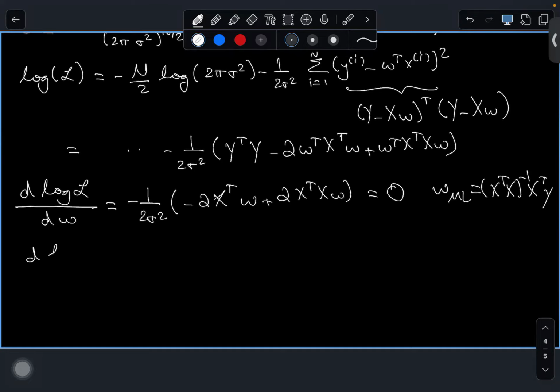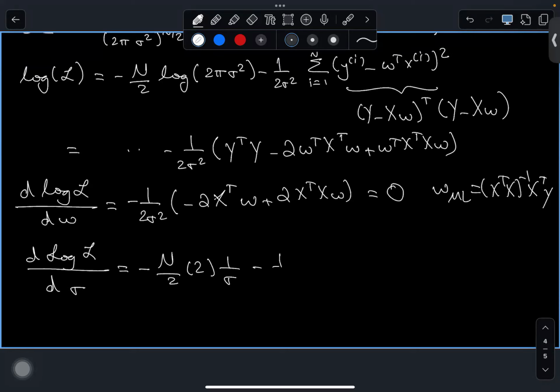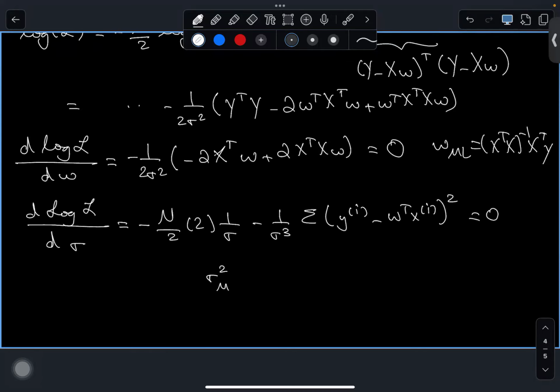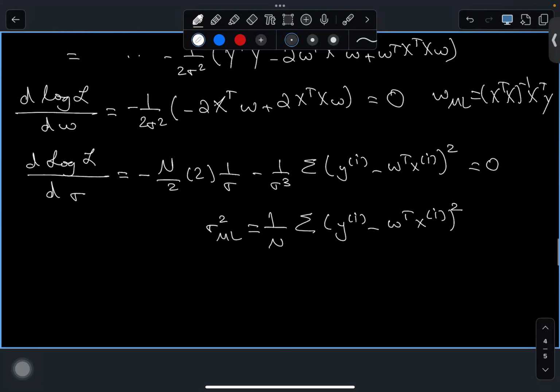What about my variance parameter? And I get that the maximum likelihood estimate of variance is the average difference between each data point and the mean that I expect from it.